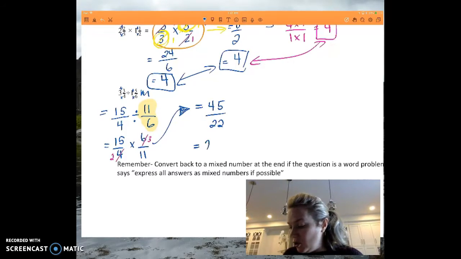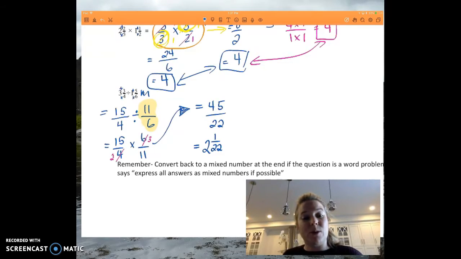So I can fit 2 22s into 45. So how many do I have left over? I have 1 22nd left over. 2 whole numbers and 1 22nd left over. Okay? Now remember, if the question's a word problem, you must go through this conversion. Or if there's an instruction on your assessment that says express all answers as mixed numbers if possible.